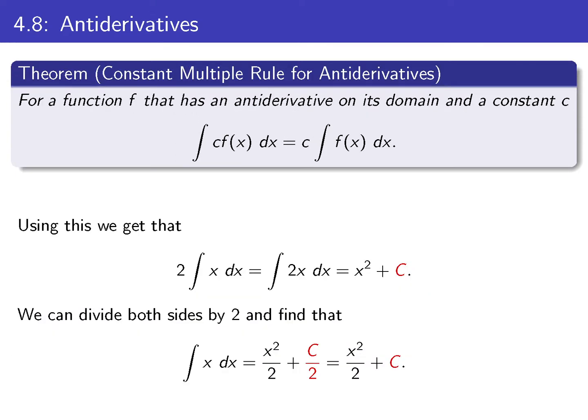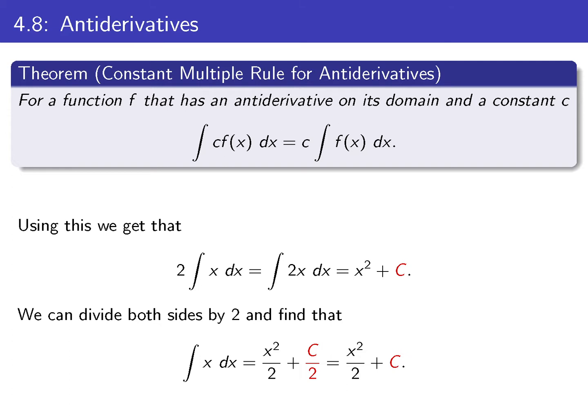With this in mind, let's compute the antiderivative of x. We know that the antiderivative of 2x is x squared plus a constant. We also know we can pull the 2 out of the integral on the left, and thus twice the integral of x has to be equal to x squared plus a constant. So we solve for the integral of x with respect to x, and find that it's equal to x squared over 2 plus the constant over 2.